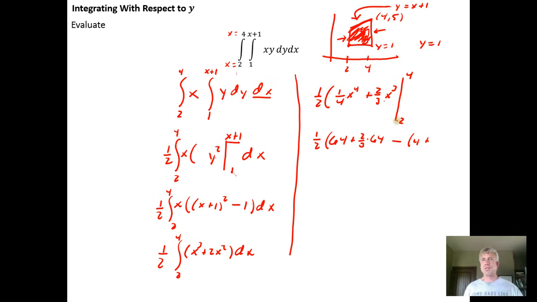Plus 2/3 of 2 cubed, times 2 is going to be 2 to the 4th, which is just going to be 16 over 3. And then close the parentheses. And now it's just a matter of walking this through and simplifying everything down as much as you can. So I'll go dot, dot, dot, because at this point it's just a little bit more arithmetic.